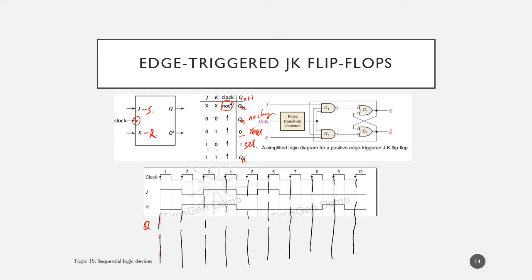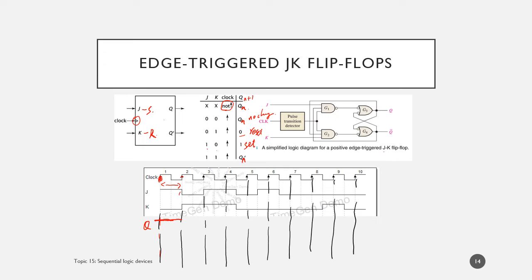So let's ignore the first edge here, it's just a start point. Q starts with 1, and because there is no rising edge coming, it keeps at 1 until the second rising edge, as shown here.